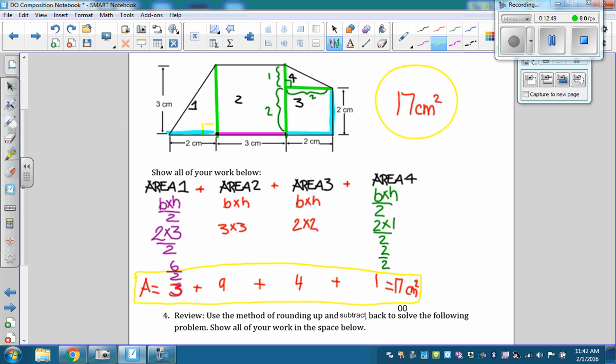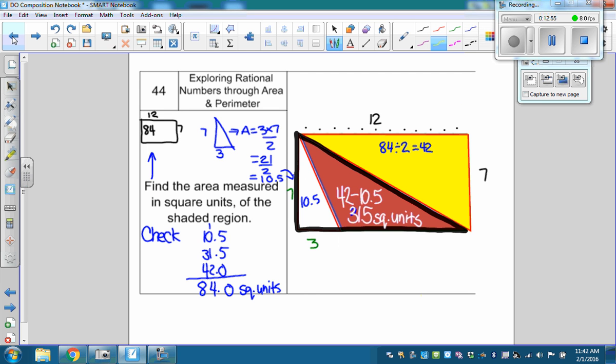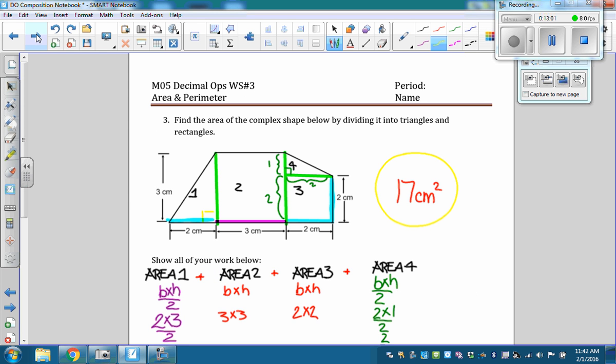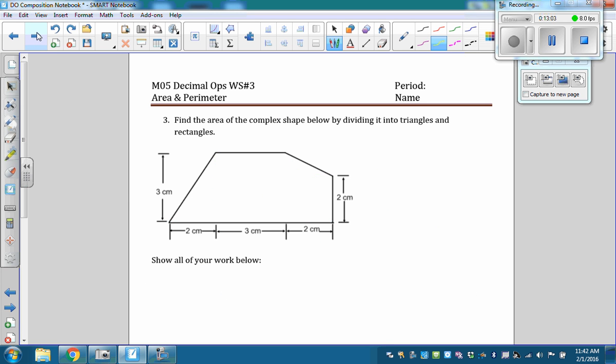So most people in class did that. But because the other day we worked on this type of problem where you can surround with the rectangle and subtract out, I want you to look at this problem one more time and see if you can see that there might be an easier way.